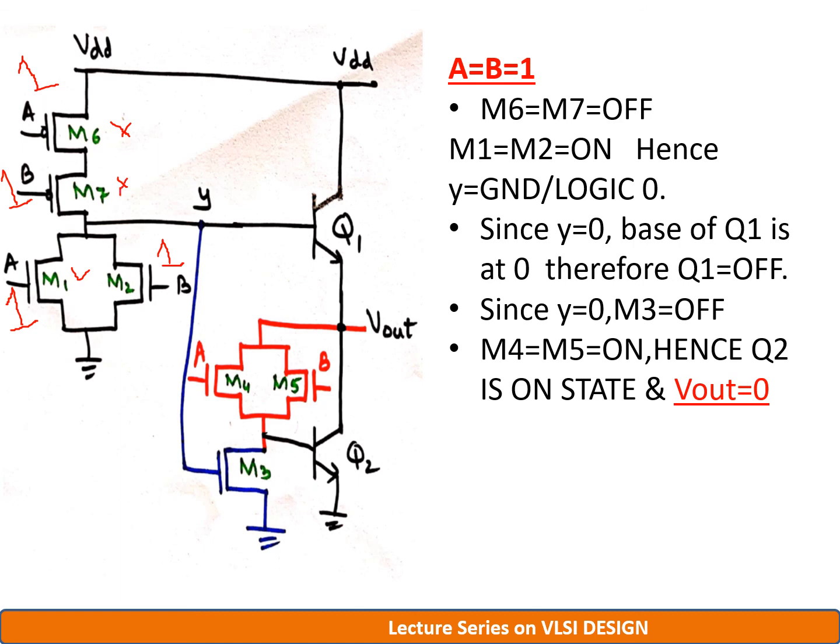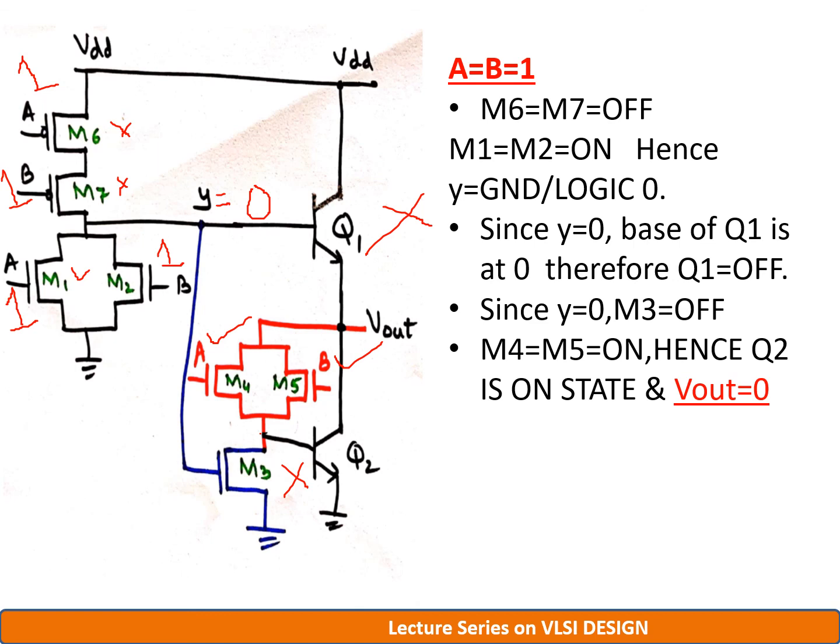Since both these NMOSes are on, Y node will be offered a closed path towards ground, hence Y will have logic 0 or 0 volt, and this 0 volt is fed as base input to Q1, hence Q1 will turn off. And since A and B are 1, M4 and M5 will turn on, and this M3 will be in off state because gate input is 0.